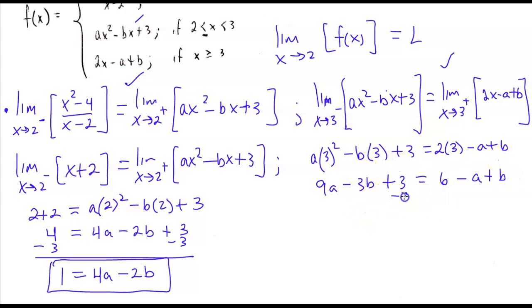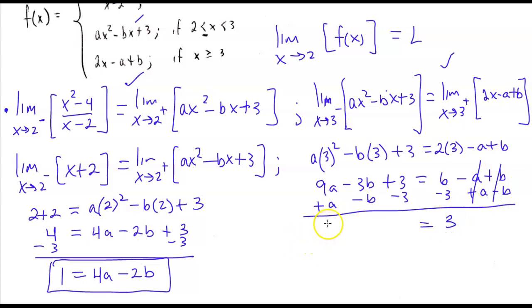And here we'll subtract 3 from both sides, add a to both sides, and subtract b from both sides. Of course, if we do that, all that cancels to 0, and we just have 3 here. And on the right side, we have 10a minus 4b, and those 3's cancel. So this is our second equation.